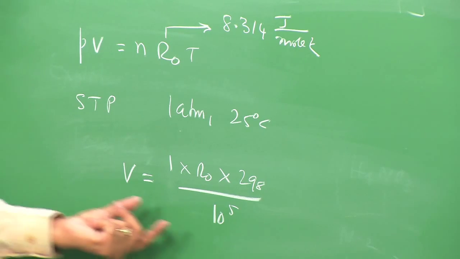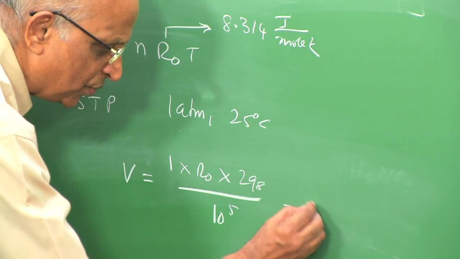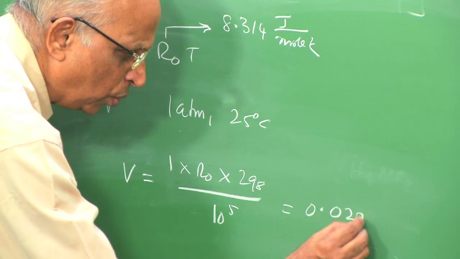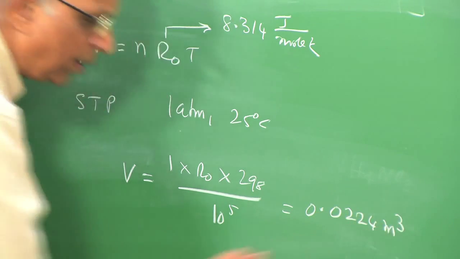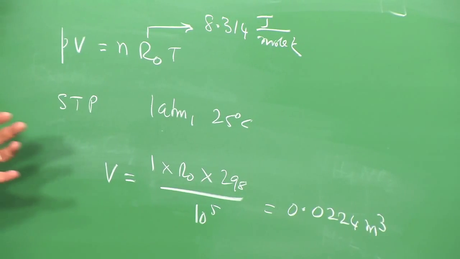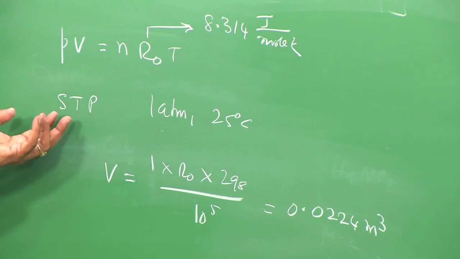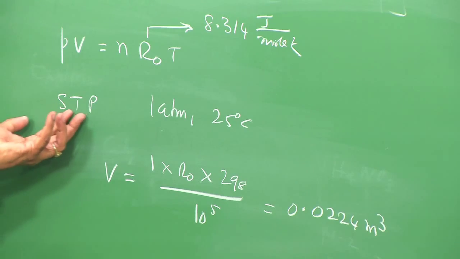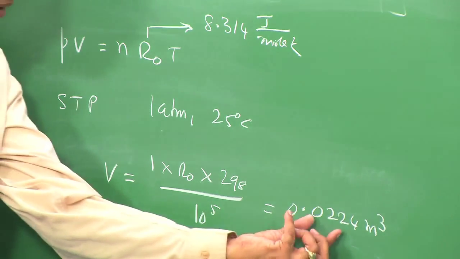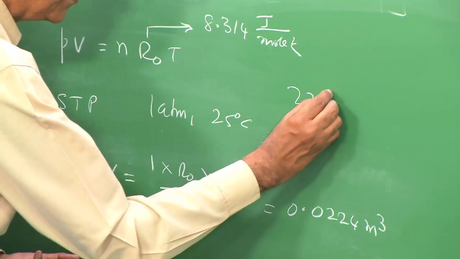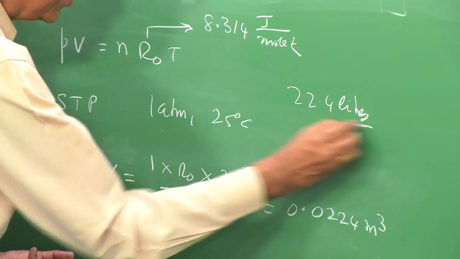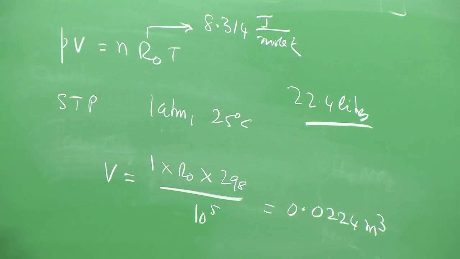The volume comes out to be 0.0224 meter cube. That means the volume occupied by 1 mole of any gas at standard temperature and pressure is about 22.4 liters. And these things will be useful for us when we do the calculation.